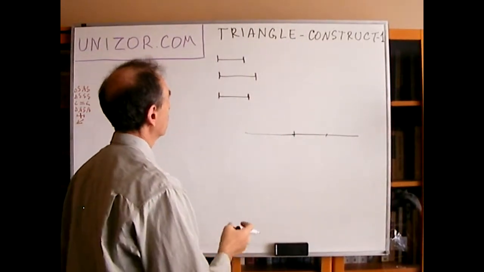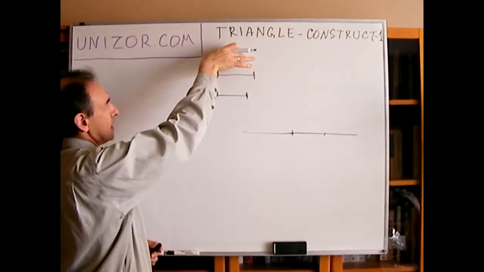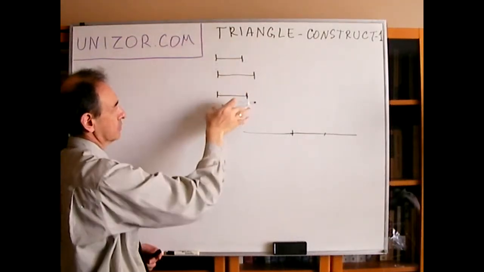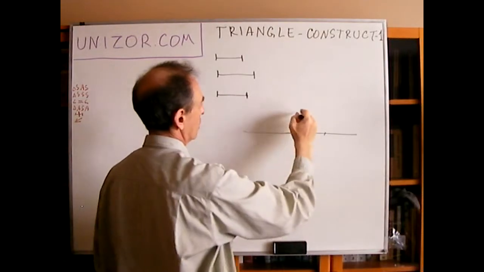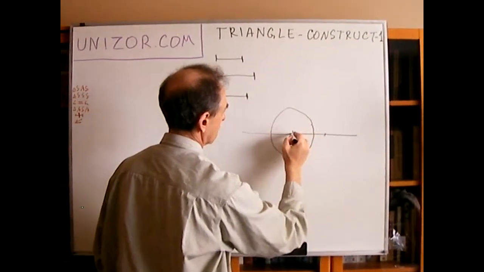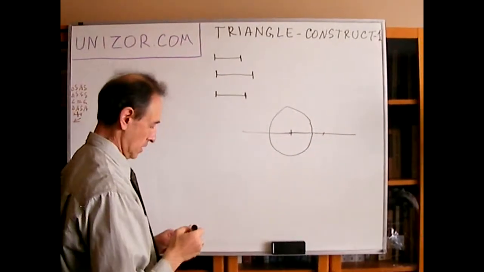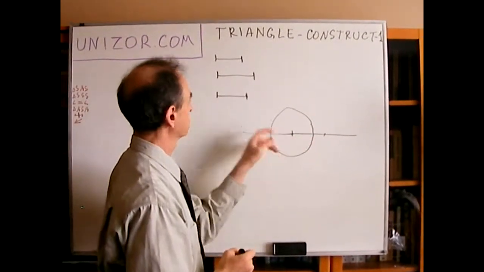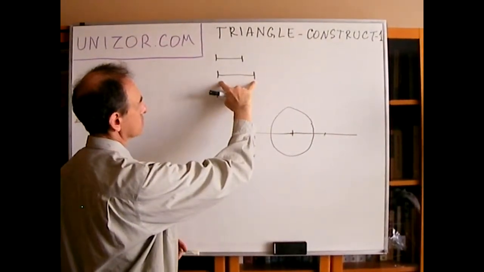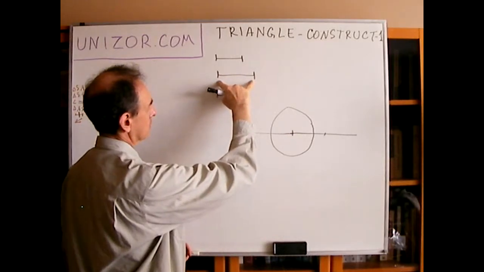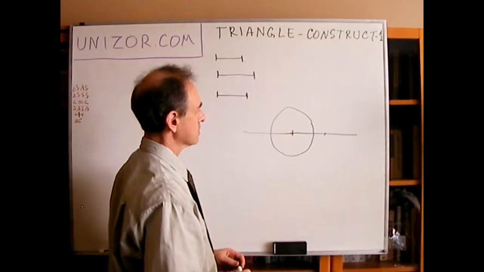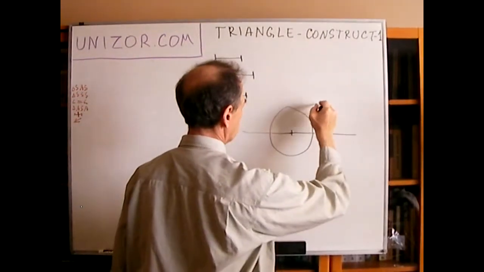Then, using the radius which is equal to the size of another segment, not equal to this one, we draw a circle using a center as endpoint of this segment which we started with. Then using another radius which is equal to a length of another segment and the center at a different point of the first original segment, we have another circle.